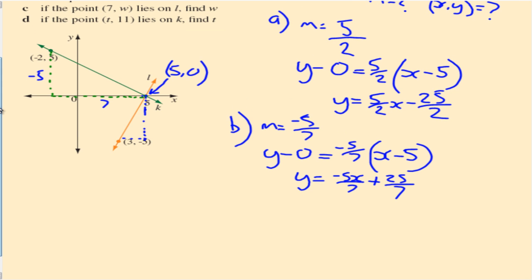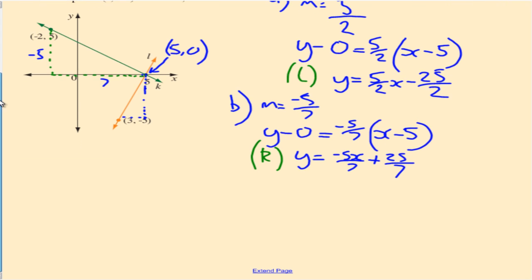So moving on, question C, if the point 7, W lies on our L, find W. So remember, L was the first one we found, and K is the second one. So we're going to need to use L to work out what y coordinate will fit the equation 7, W in our line.